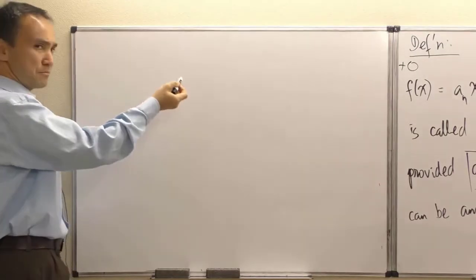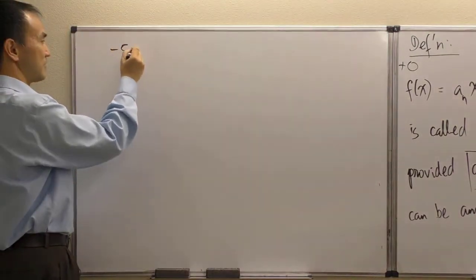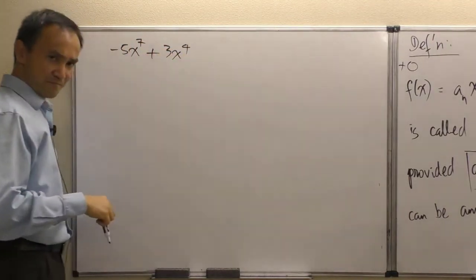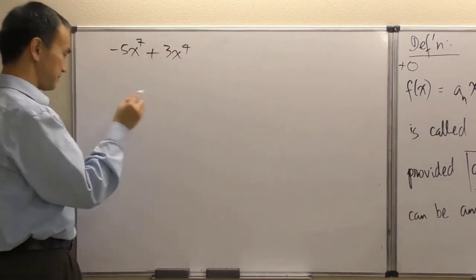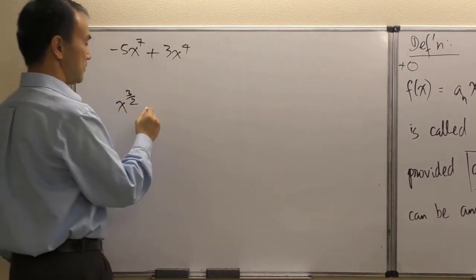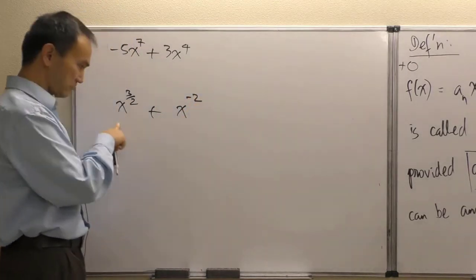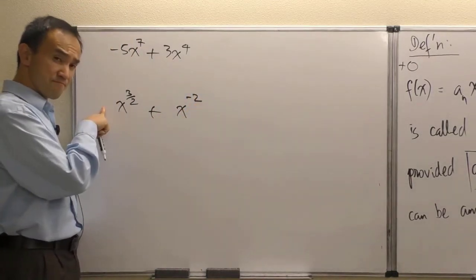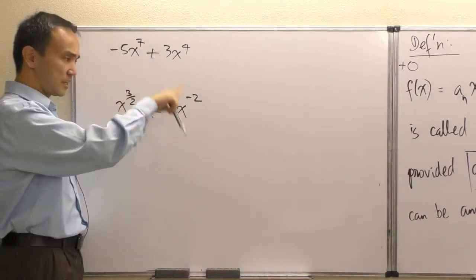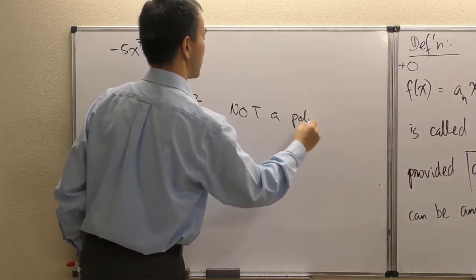So I brought this up earlier. Something like this, minus 5x to the 7 plus 3x to the 4th, is a polynomial. But I also brought up earlier, how about x to the 3/2 power plus x to the minus 2 power, something like this. See, we got coefficients too, okay? But this thing here is not a polynomial.